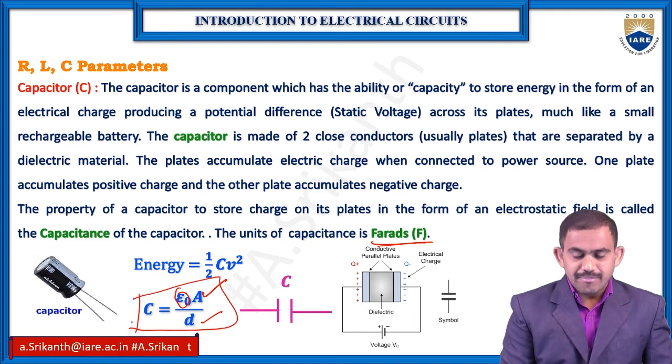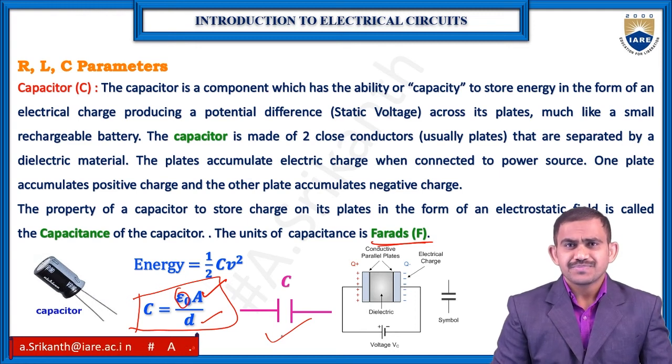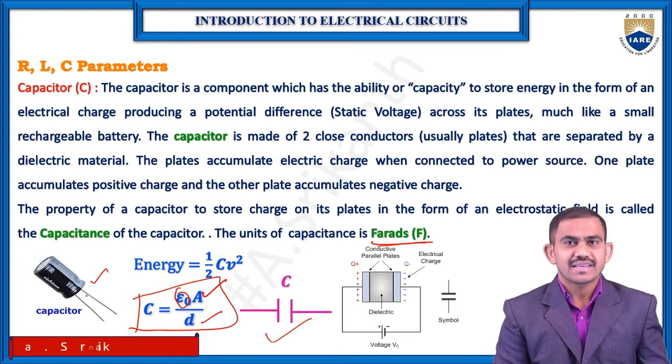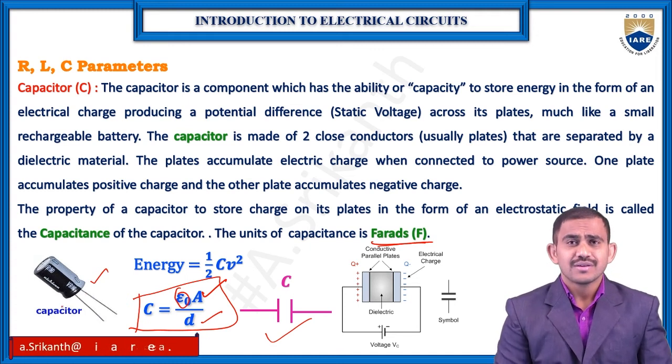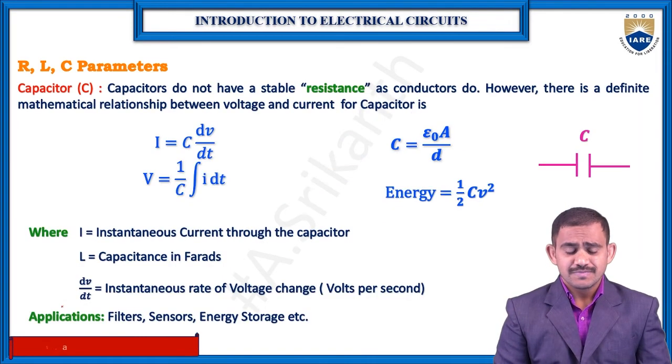Now the symbol of the capacitor is like this, two plates, and you can see capacitors like this in the market. Depending upon different capacitance values and voltage values, we have different capacitors. Now moving to the voltage and current relationship.